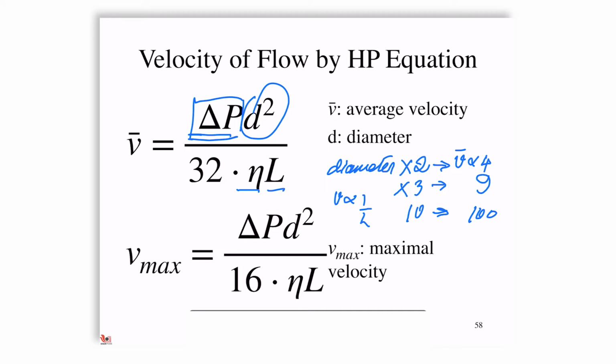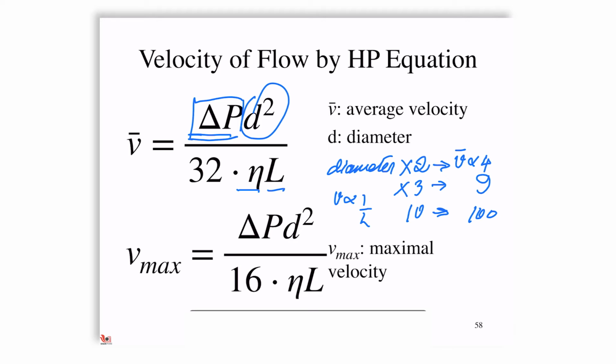This suggests that if we are thinking in terms of biological principles of physical regulation of blood flow, then in a capillary, for example, it could be considered to be more advantageous to simply increase or decrease the diameter of the blood vessel to get a very big change, a quadratic change in the velocity average.